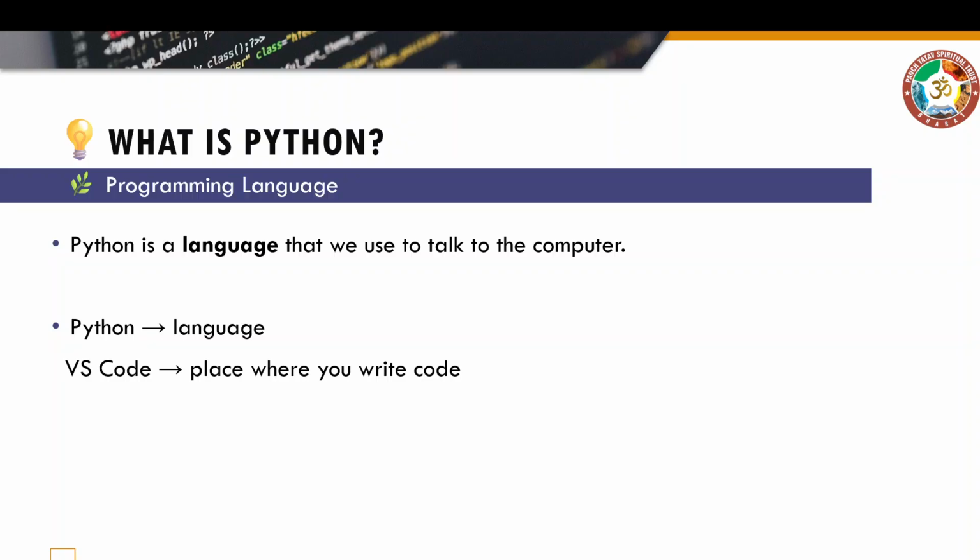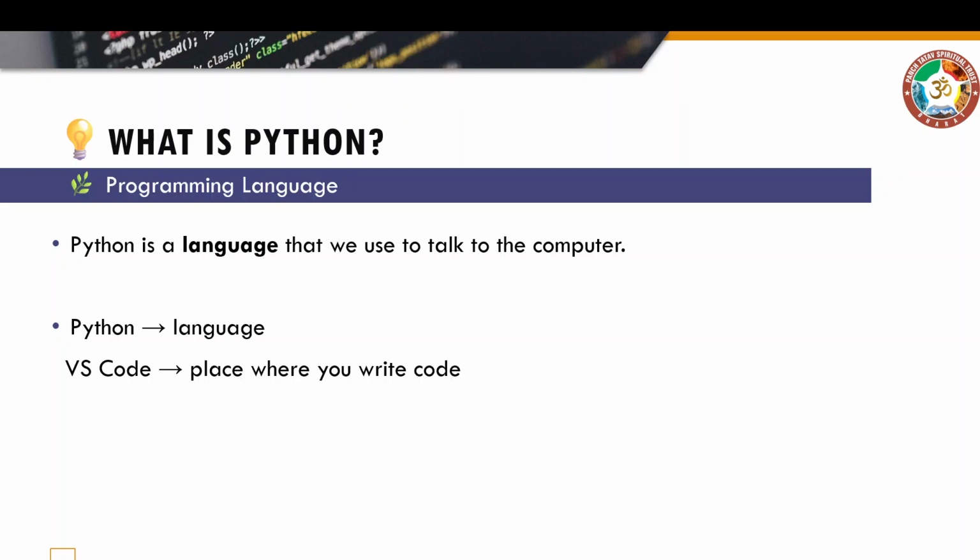Now, what is Python? Python is a language that we use to talk to a computer. Just like we talk in English, in the same way to talk with a computer, we use a programming language called Python. Your computer cannot understand Python by default.